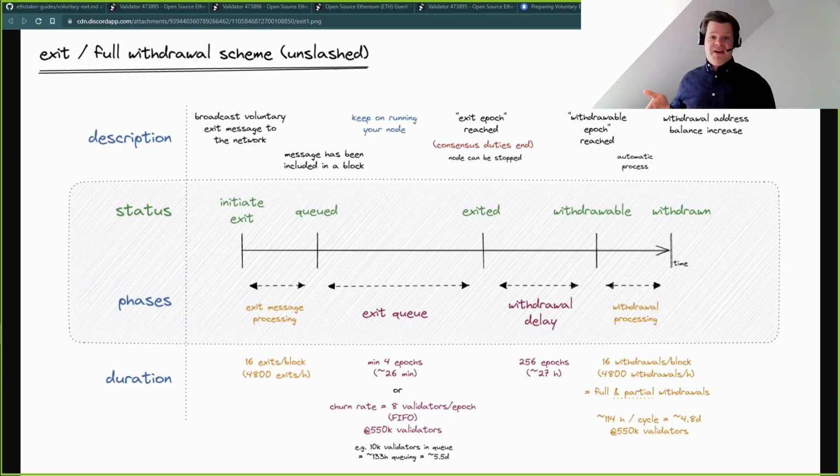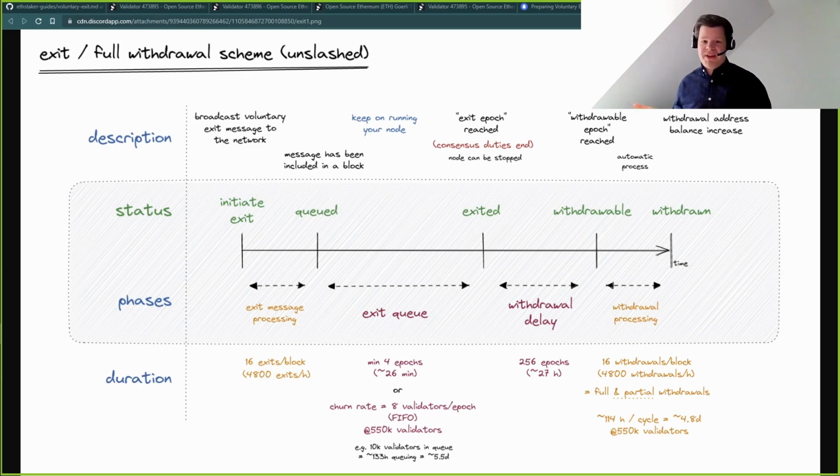And then you can check on an explorer or on your local node, for example, when you screen the logs, whether it has reached its exit epoch, which we also see on Beacon Chain, for example. Once it has reached the exit epoch, it is officially exempted from consensus duties and officially exited.